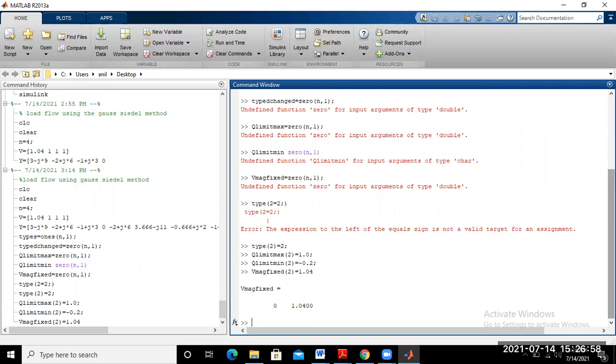Here the magnitude fixed 2 equal to 1.04.